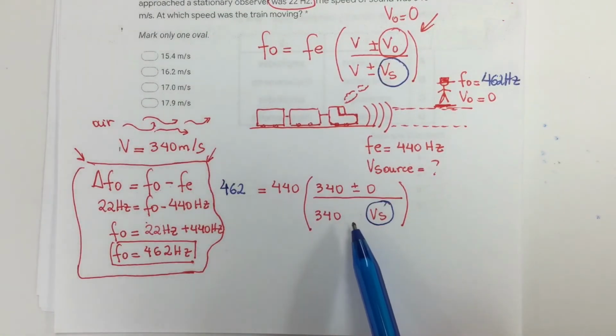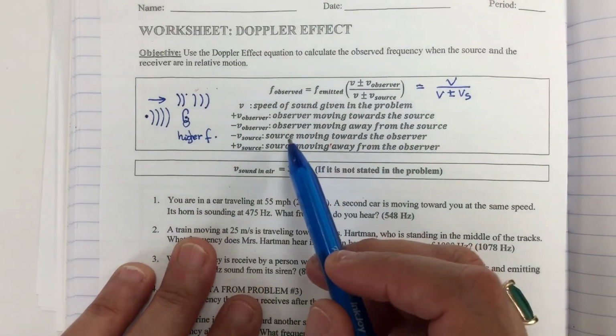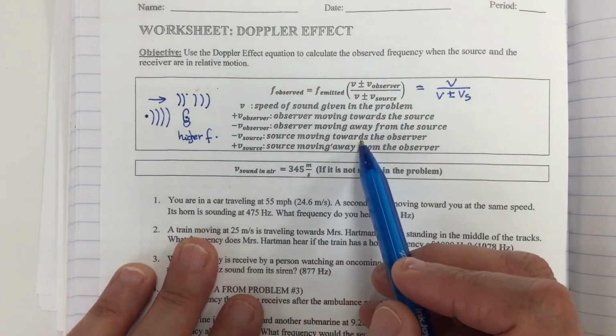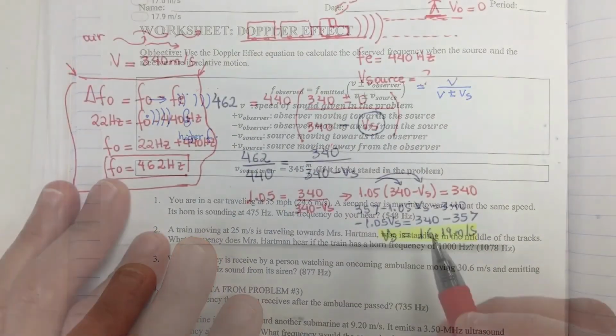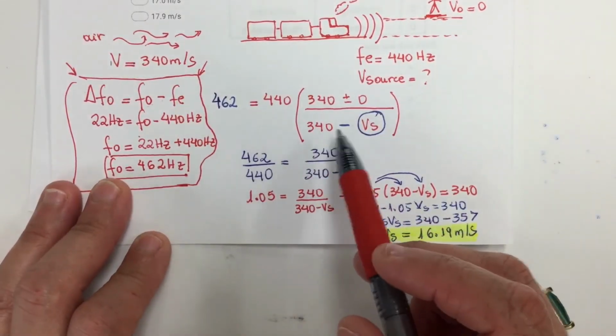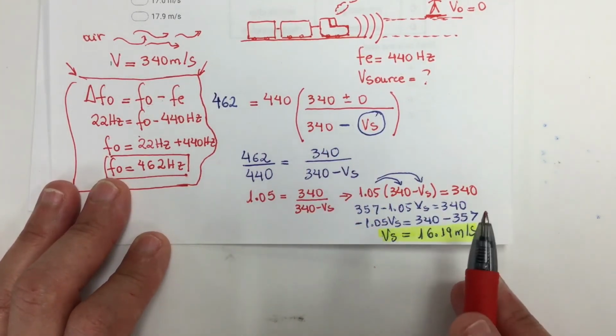To determine if it's positive or negative here in the denominator of this fraction, you have two options. One is memorizing this. Here we have the source moving toward the observer, so VS is negative. To finalize this question, the rest is just basic algebra.